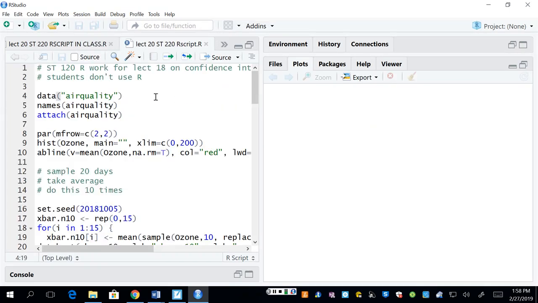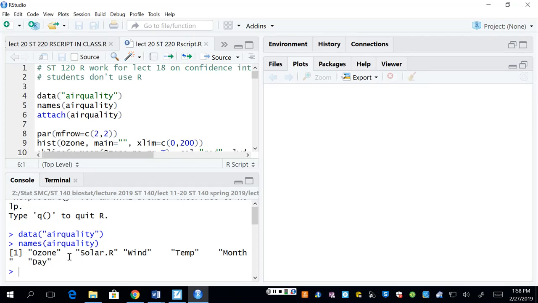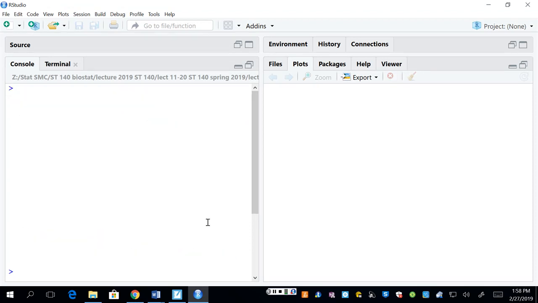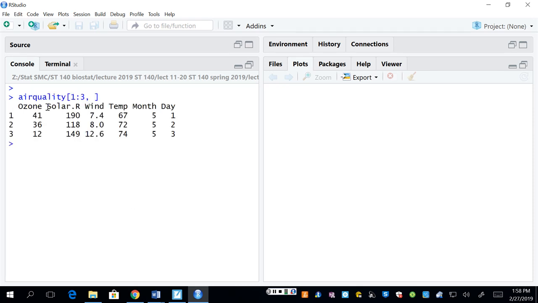The air quality data set comes with R. This data set has a bunch of variables that are measured: ozone, solar radiation, wind, etc. The first three rows of air quality are values for ozone, solar radiation, wind, temperature, etc.